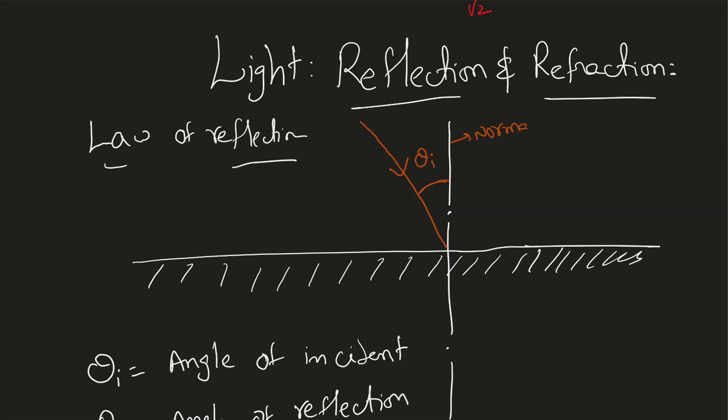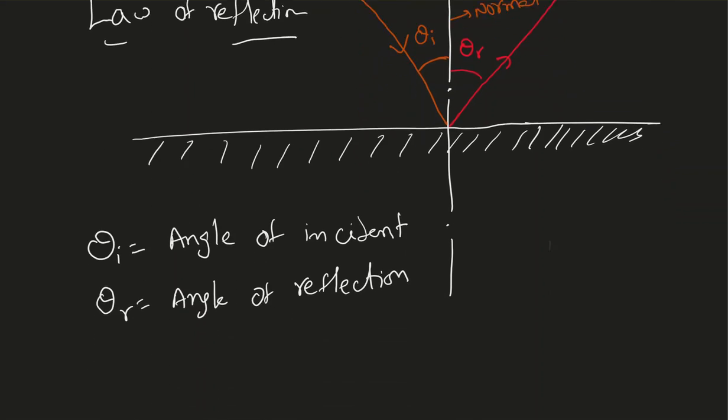Normal is nothing but a line perpendicular to the object. So if a light ray falls onto it with an angle of incidence theta I, it is going to reflect with an angle that is called theta R.